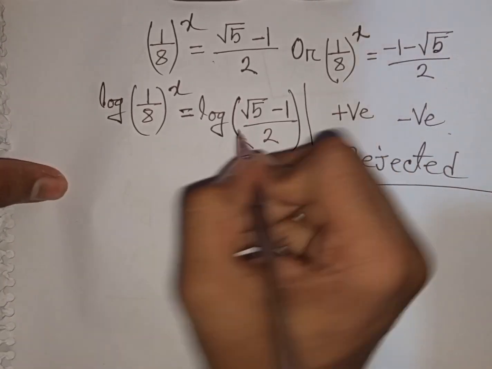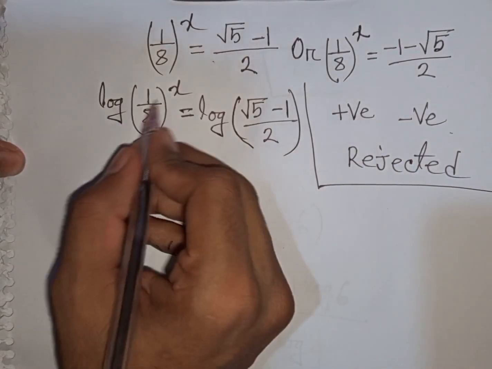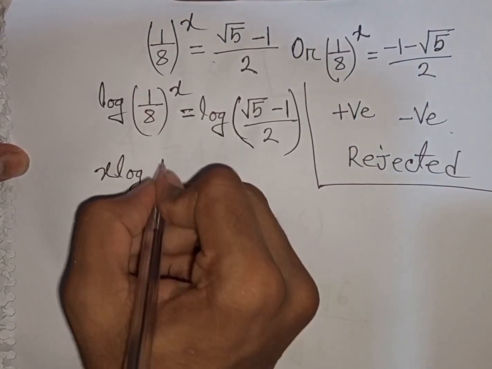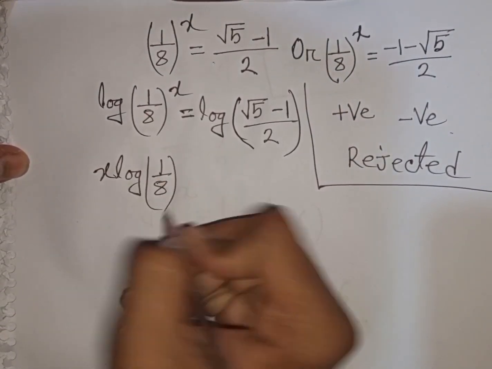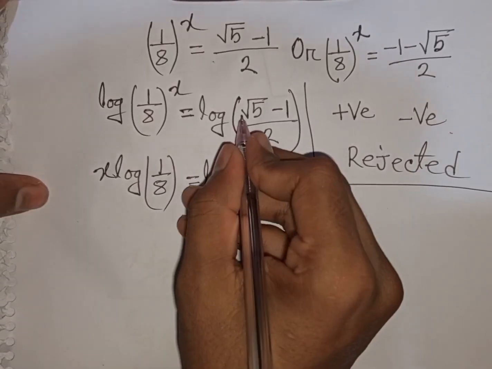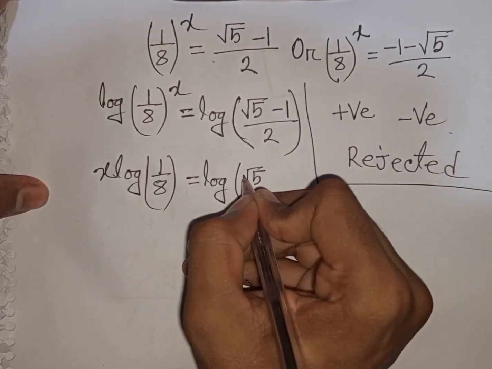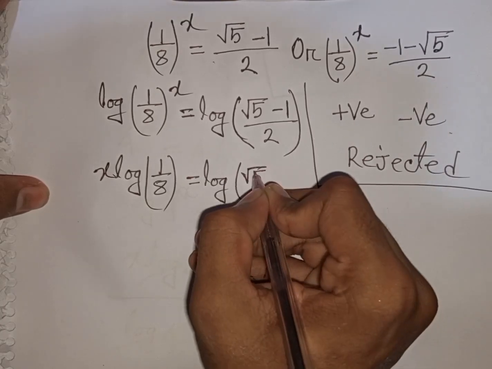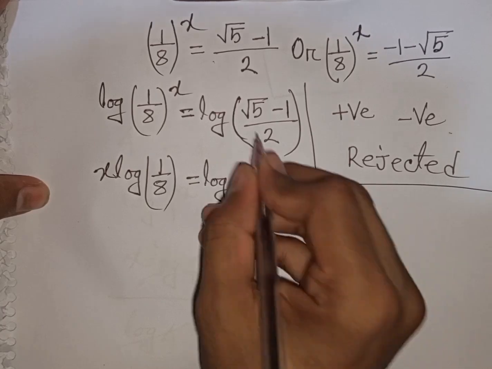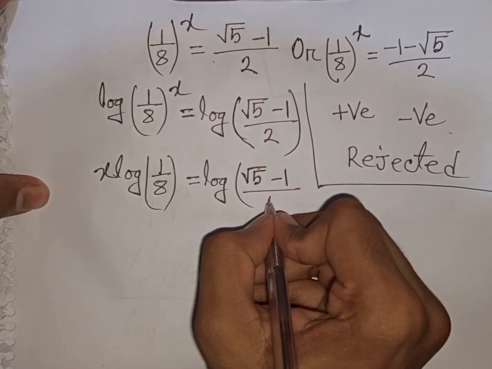Now, this power x will move to the front. So, it will be x log of 1 by 8 is equal to log of a square root of 5 minus 1 divided by 2.